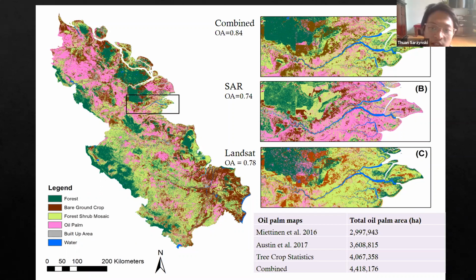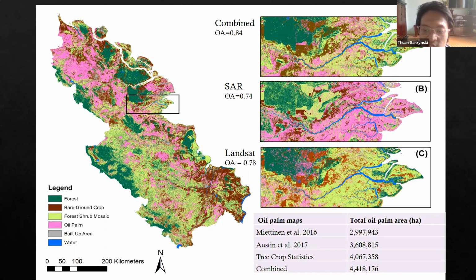And the combined classification was the best because it had the best overall accuracy, 0.84, which was better than the two other ones. And from the combined classification, we estimated an overall oil palm cover for these three provinces altogether. And we compared it to the two other classifications we had. So we had the Miettinen data and also Austin data.